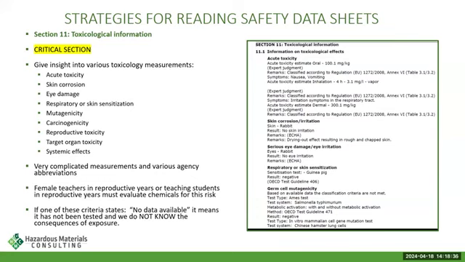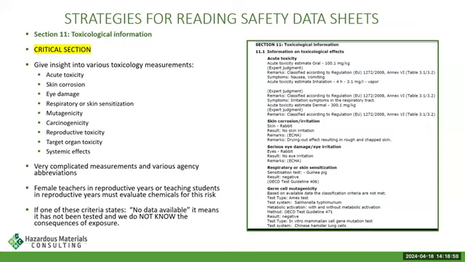The parts of this section that I look at, particularly if I'm going to be working with women or girls that are of reproductive age, is I look at mutagenicity, reproductive toxicity. Those are the big things that I want to know. Is this going to be a problem with germ cell mutagens?